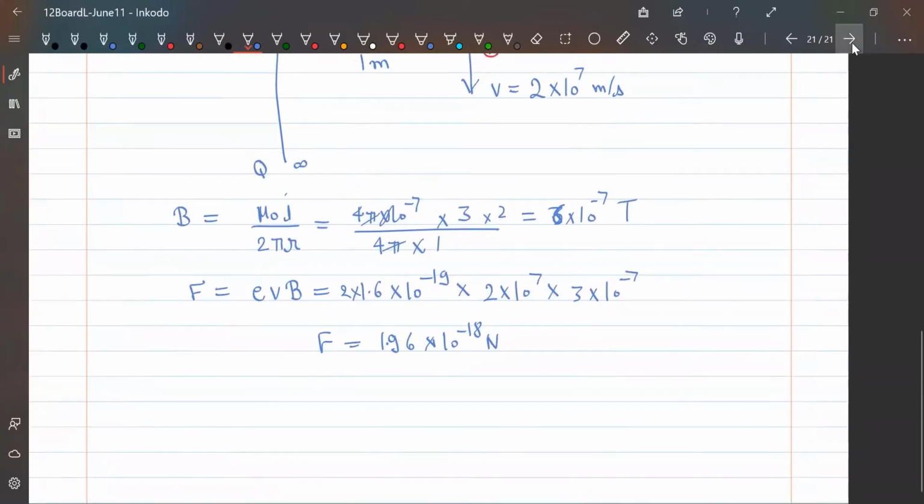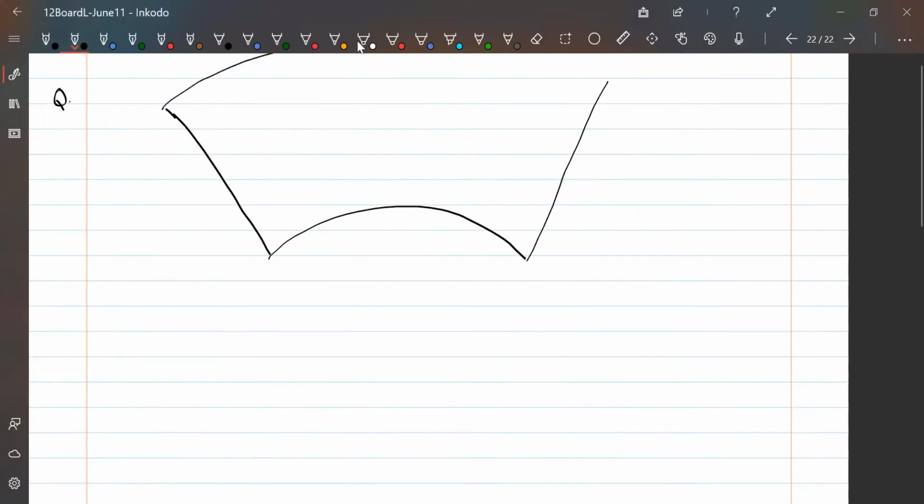Okay. Next question. So I have an arrangement like this. There are two circular arcs and they're joined together to make a current loop like this.